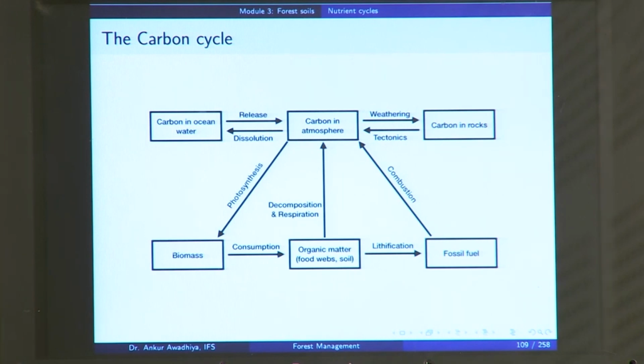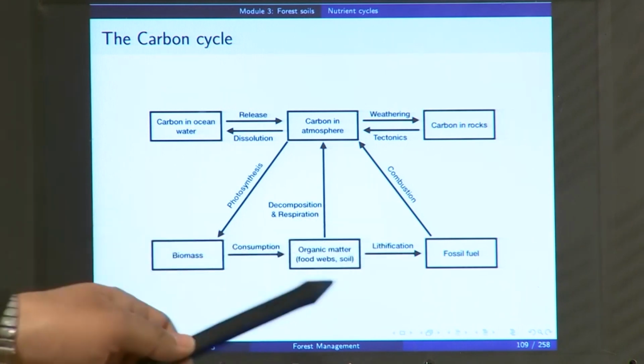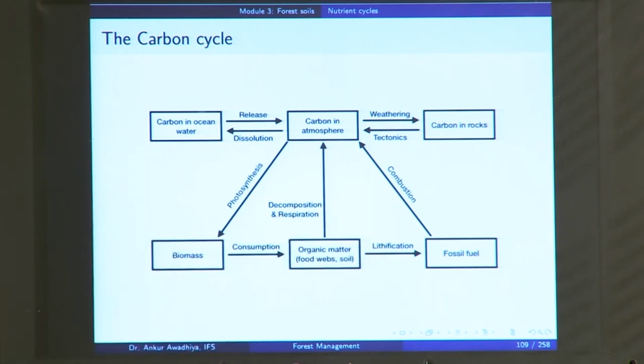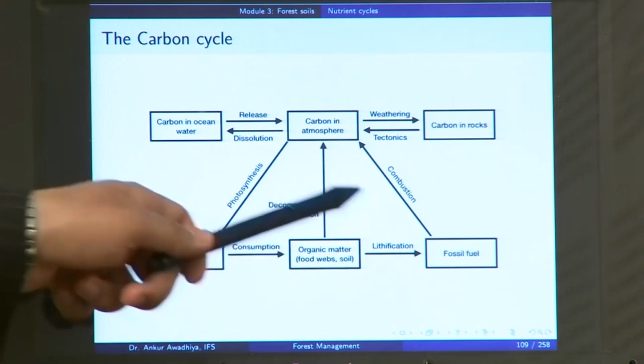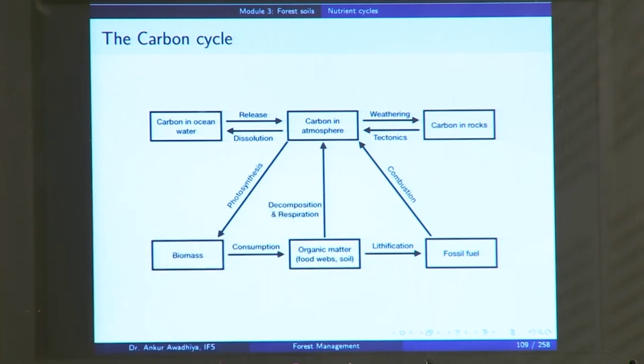Now, there is also another process that could happen, which is the process of lithification. Lithos is rock, and lithification is the process of rock formation. When you have organic matter in the form of the bodies of plants and animals, there could be a situation in which these bodies move into water bodies.